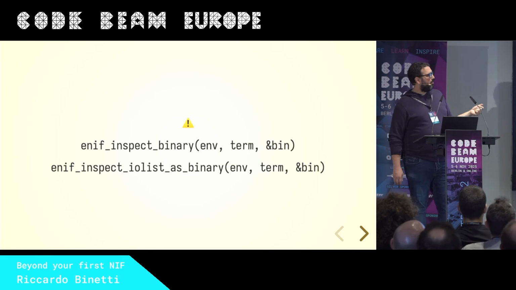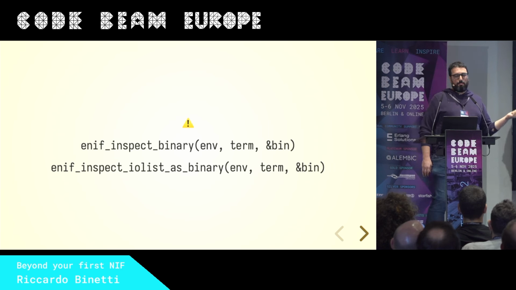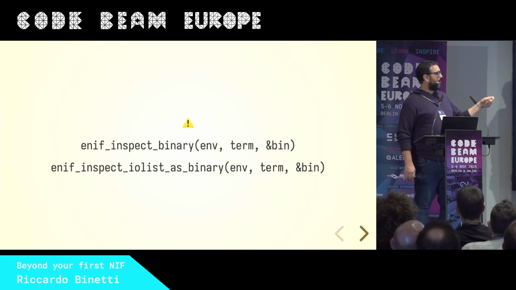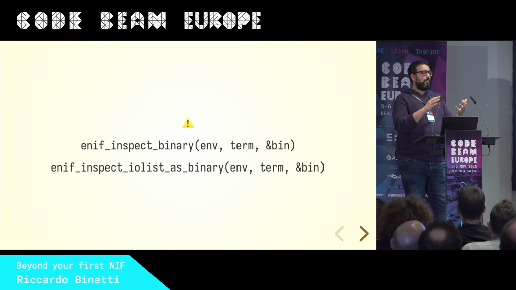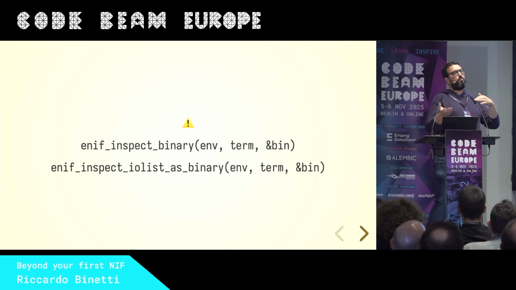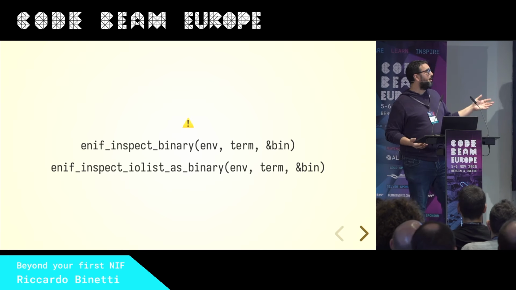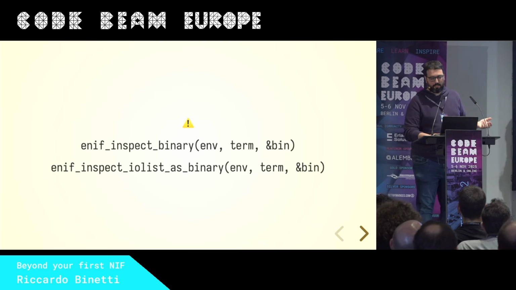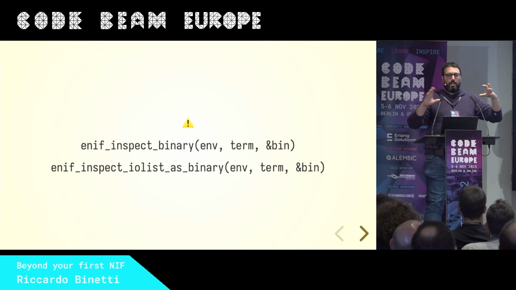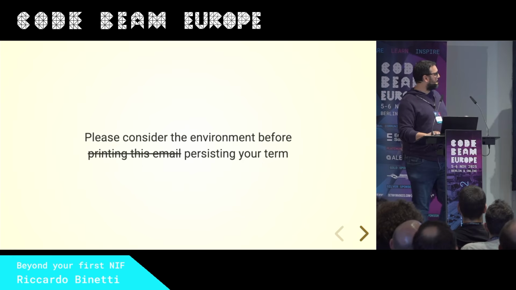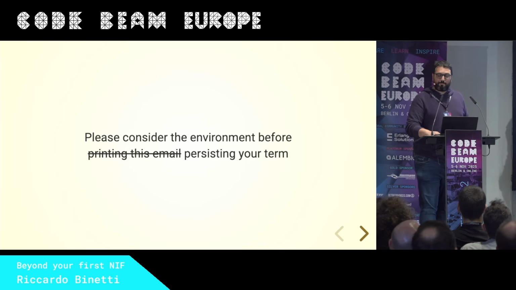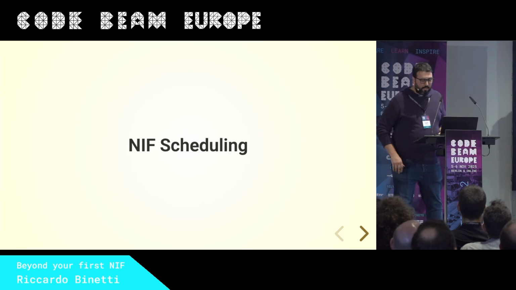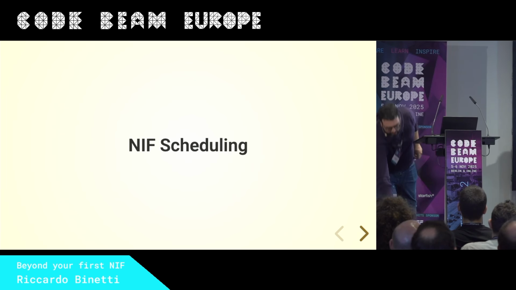The reason why you don't have to free the binary is that the binary itself has its lifetime tied to the environment. So if you extract a binary, you can't persist it. You still have to copy the term and then extract it with a separate environment to make sure that the binary is still valid. So the main takeaway from all of this is: please consider the environment before persisting your term. And now, let me drink a little bit, and then we go through NIF scheduling.